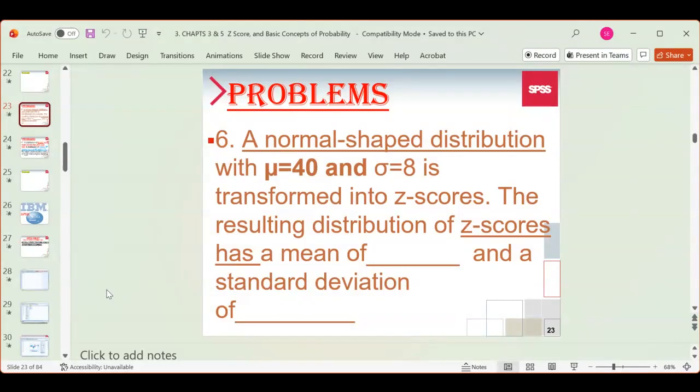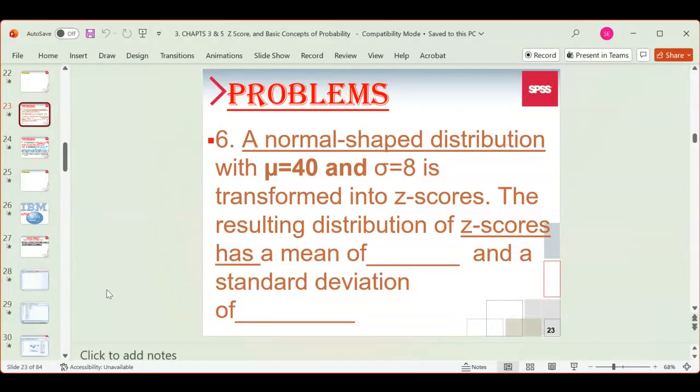We don't have to know that for this purpose. Transform into z-score. The resulting distribution of z-score has, this is very tricky. It's tricky because it's all about understanding what I've been saying for the last 30, 40 minutes. They're asking, we have this distribution. Let's just say we have this IQ distribution with mean of 100 and a standard deviation of 15.